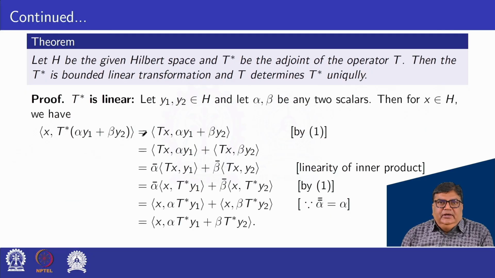So by the property of inner product, this can be written as inner product of Tx and alpha y1 plus inner product of Tx and beta y2.